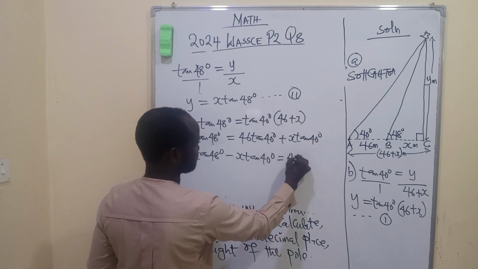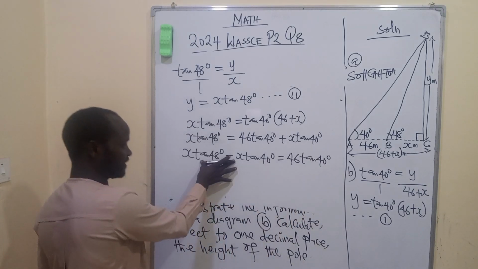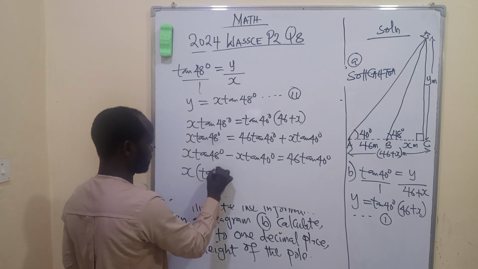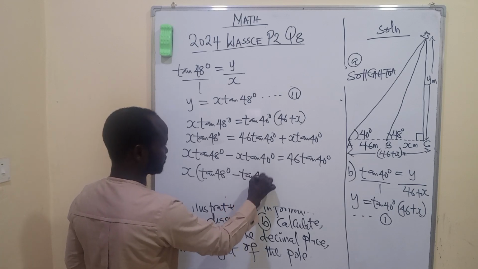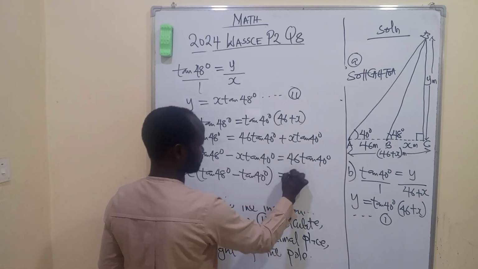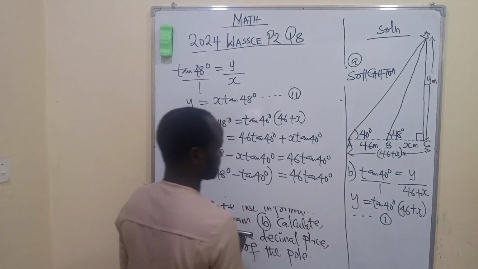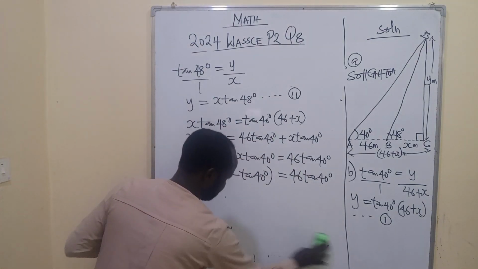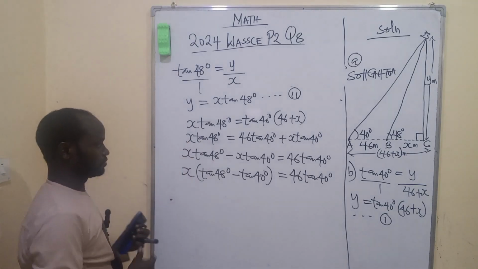This will be 46 tan 40 degrees. So we can factor out x here. x times tan 48 degrees minus tan 40 degrees will be equal to 46 tan 40 degrees. Okay, so we can easily find x now. Our aim is to find the height of the pole.